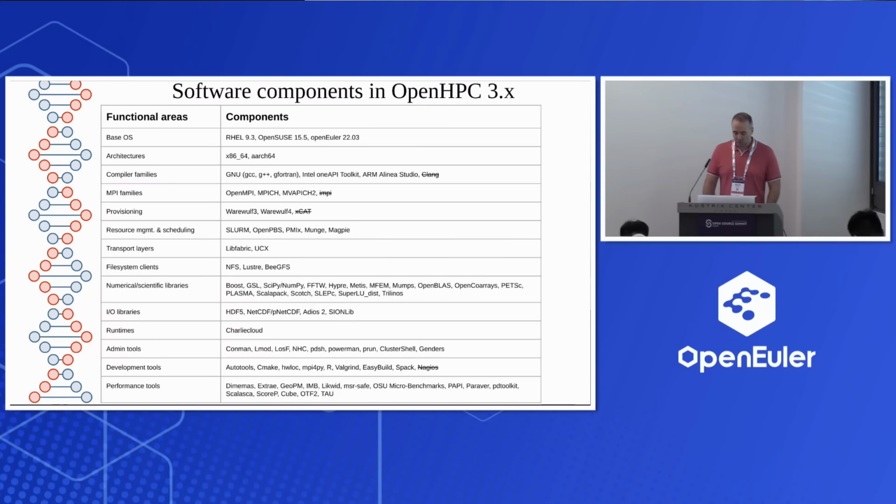We also support Lustre and BeeGFS as more performant ones, and some others. And this list is not full. That is, if you need any additional software that is not provided by OpenHPC, you can use EasyBuild and Spack to install it.